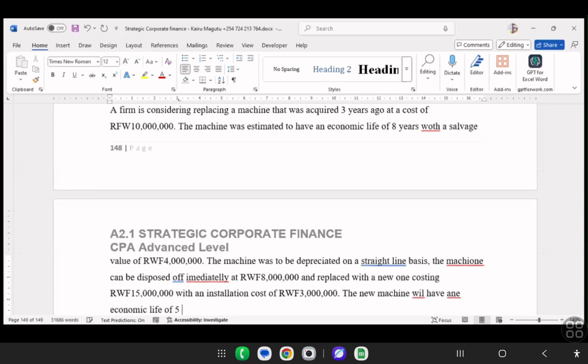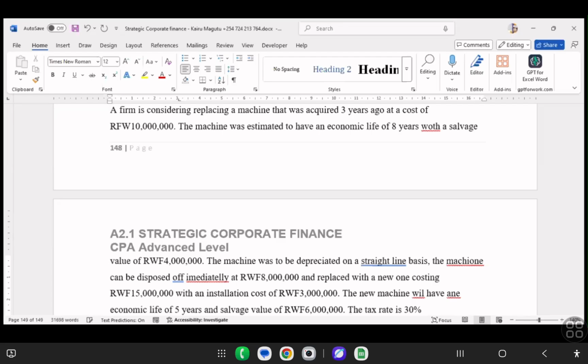So an economic life of 5 years, and a salvage value of 6 million Rwandan francs, if the new machine is acquired to replace the existing one. Then we say that the tax rate is 30%.